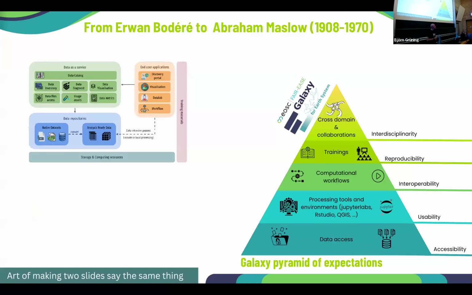So now at this point we are technically ready to go forward, and we have to discuss with researchers. We have some expectations, not the same as the IT scheme, but quite the same in terms of data access, in terms of using some processing tools in interactive environments like JupyterLab, RStudio, or more specific ones like QGIS or Ocean Data View.